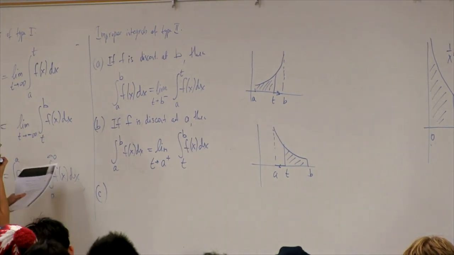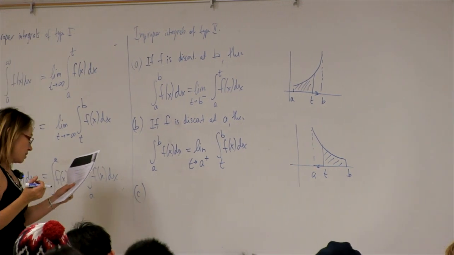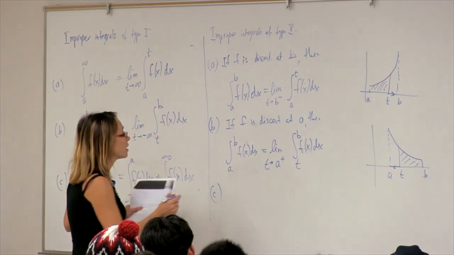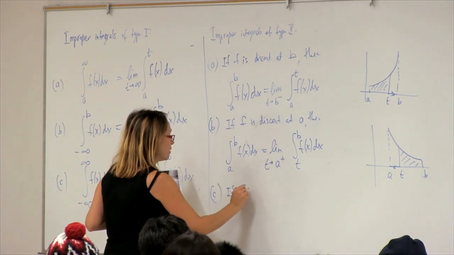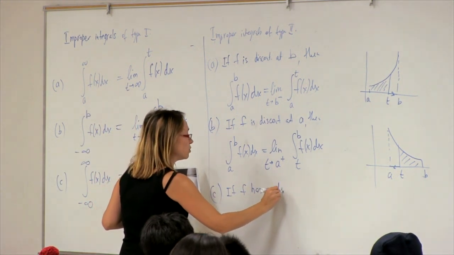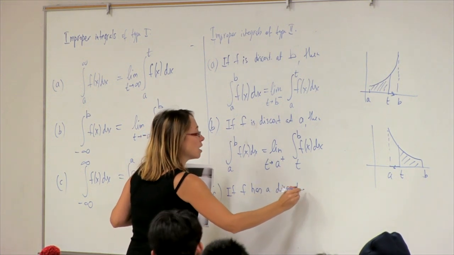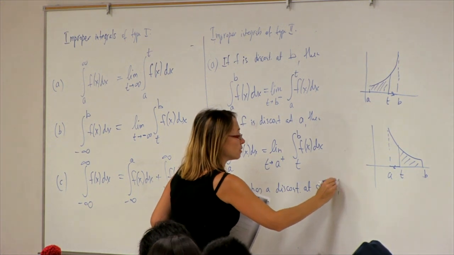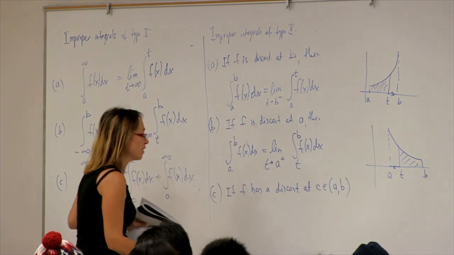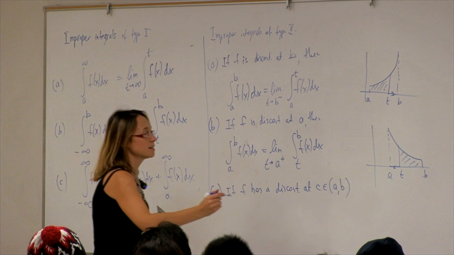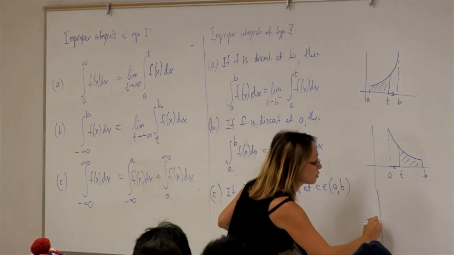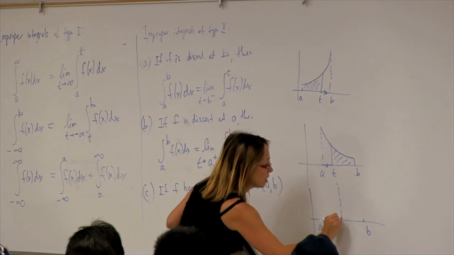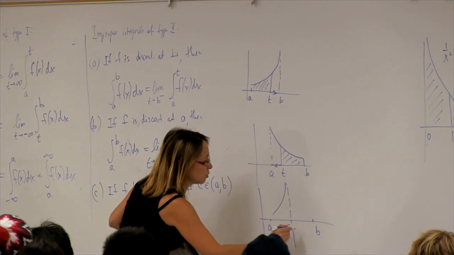Finally, type C happens when the discontinuity is somewhere between a and b. If f has a discontinuity at c, which belongs to the open interval between a and b, the function experiences a discontinuity somewhere between its limits of integration. For example, from a to b, at point c we have a discontinuity like this.